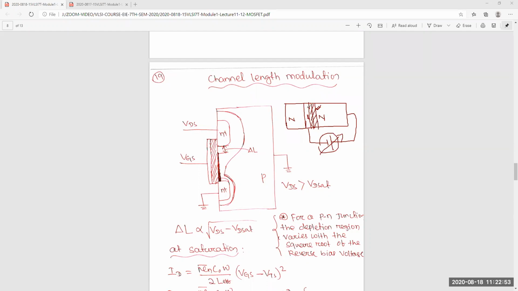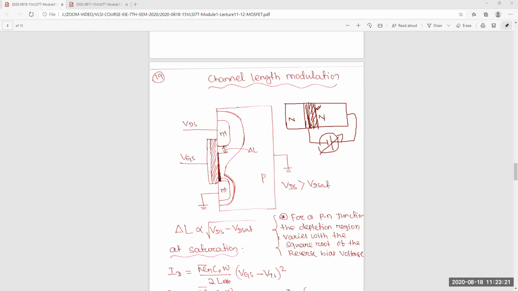Though the base is lightly doped, the extension of the depletion will be more in this region, rather than in this direction, because this is heavily doped. Heavily doped means the depletion region width would be less on this side and more on this side. In the base region, the depletion region will extend towards the base.